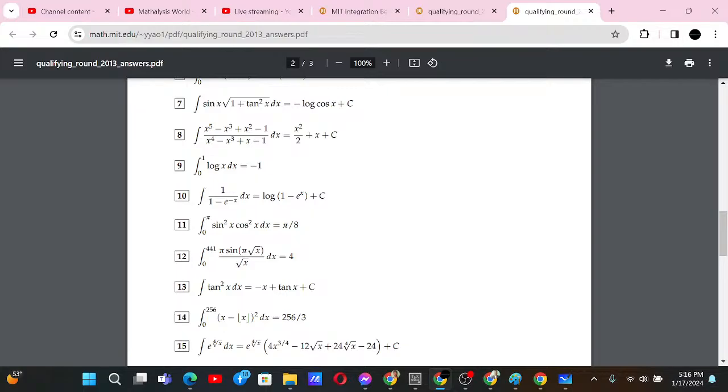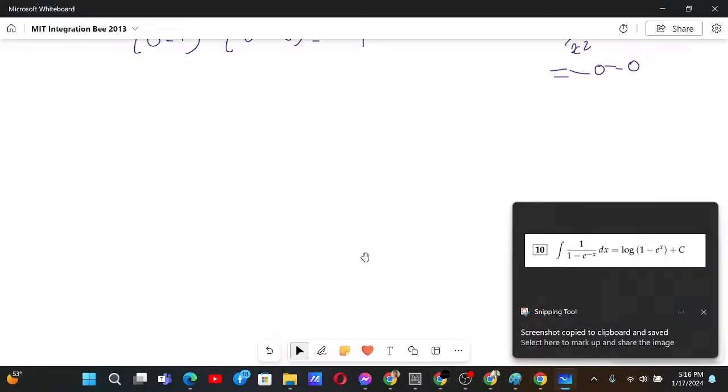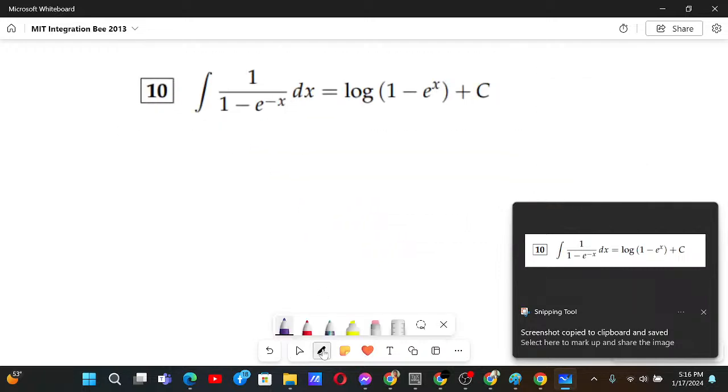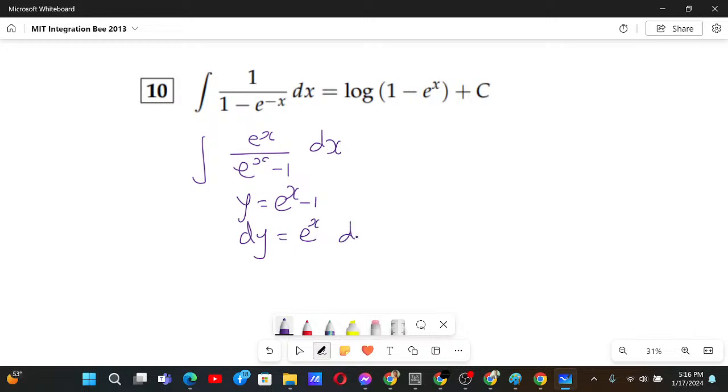Now let's solve this other problem. First of all, let's simplify this negative power. That gives us e to the power x by e to the power x minus 1. Now if you substitute this as y, we will have dy equal to e to the power x dx, which is there in the numerator.